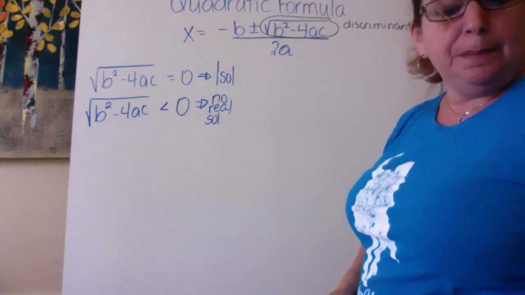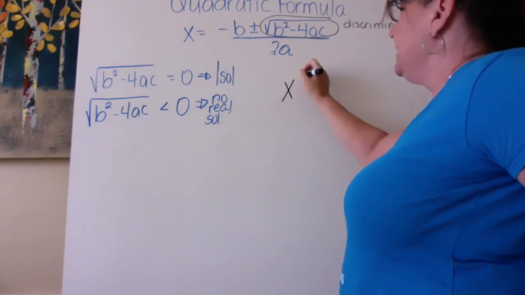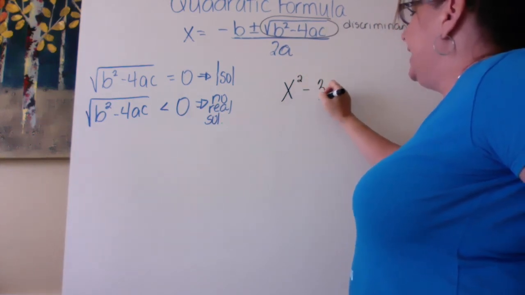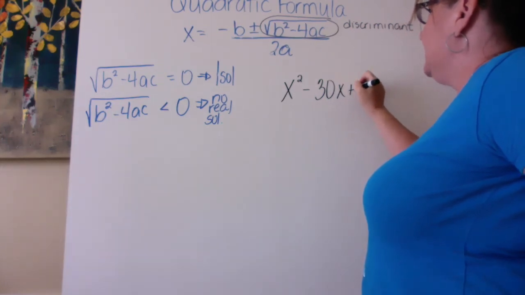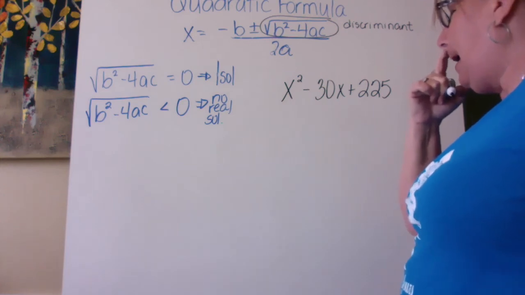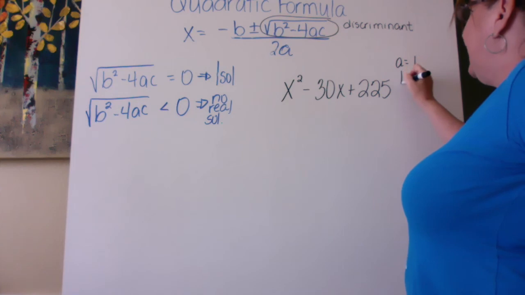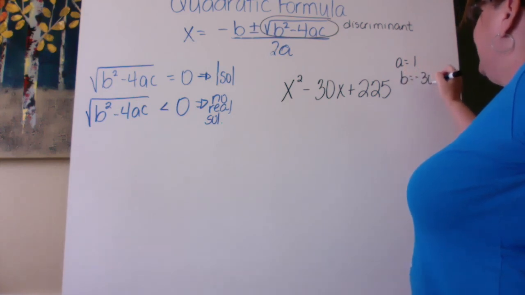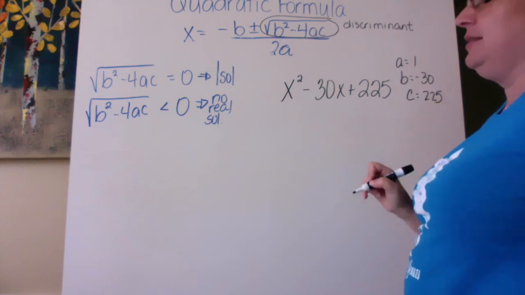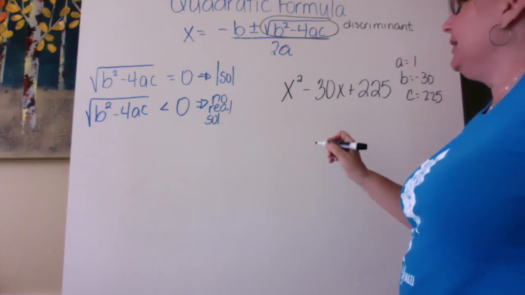And then last one, if I have x squared minus 30x plus 225. Okay, my A is 1, my B is negative 30, and my C is 225. Those are some big numbers, but it was the only one I could think of that I knew would work.